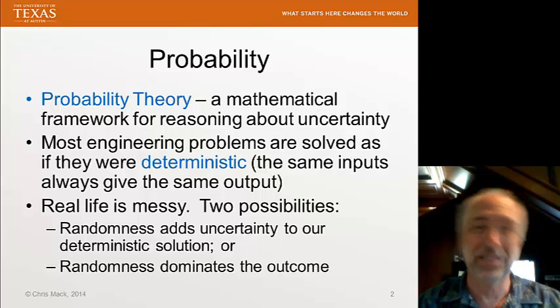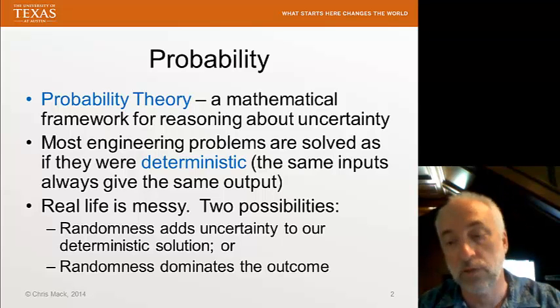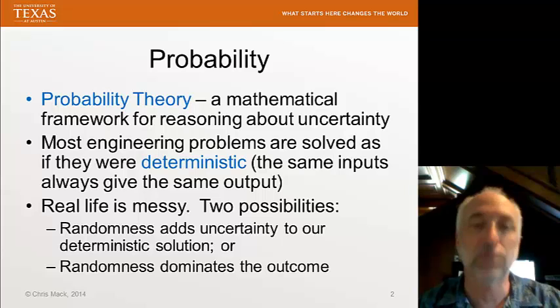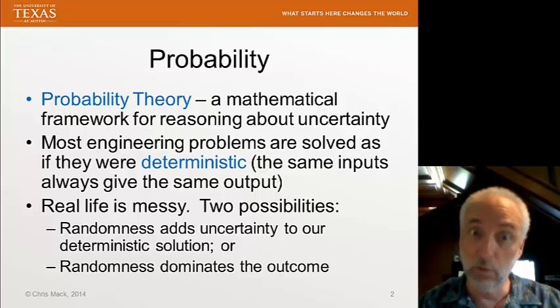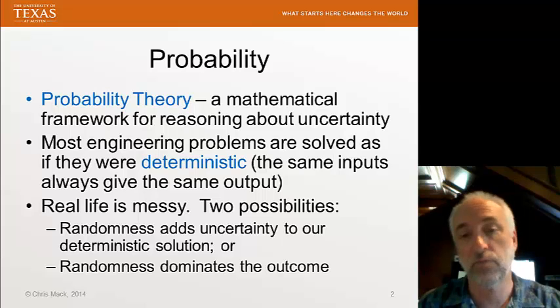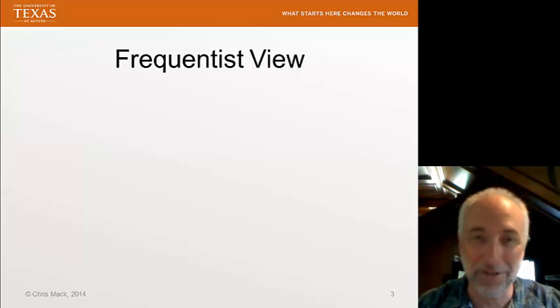So probability is fundamental to the way science and engineering works. Even if you weren't thinking about statistics, it's very important to have a good foundation in probability if you want to do any real work in the world of engineering and physics and chemistry. Oh, I'm sure biology, everything gets thrown in there as well.